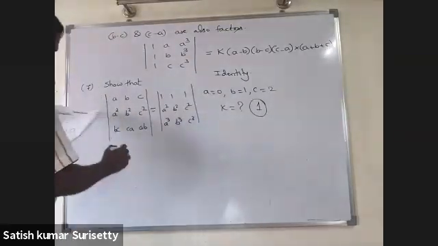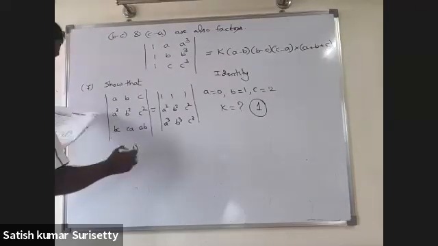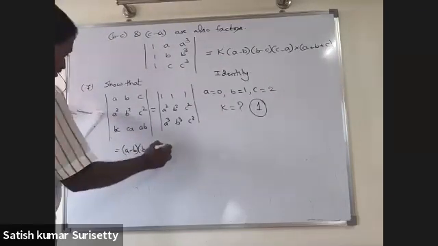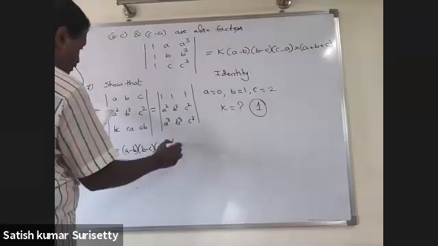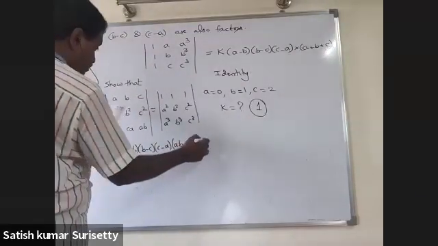That equals A minus B, B minus C, C minus A into AB plus BC plus CA. This you have to prove.